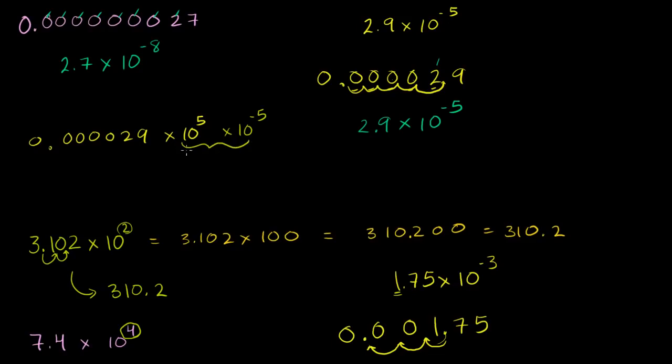This is just multiplying something by 1. 10 to the fifth times 10 to the negative 5 is 1. So this part is going to move the decimal 5 to the right, 1, 2, 3, 4, 5, so this will be 2.9. And then we're left with times 10 to the negative 5. Anyway, hopefully you found that scientific notation drill useful.